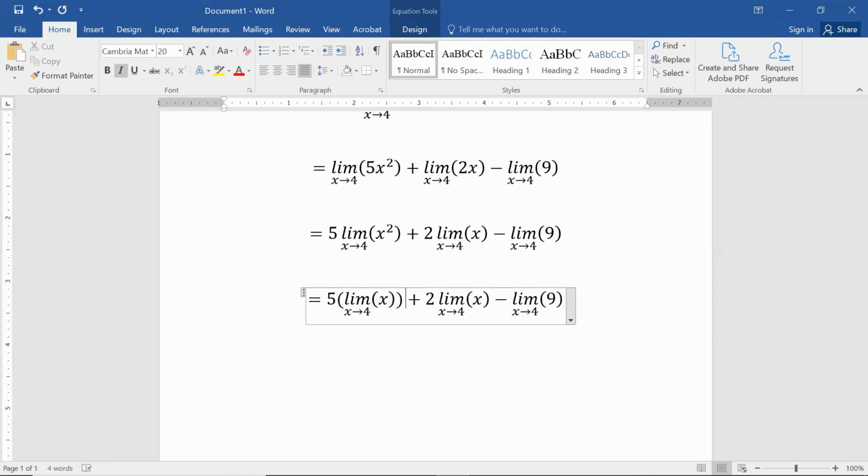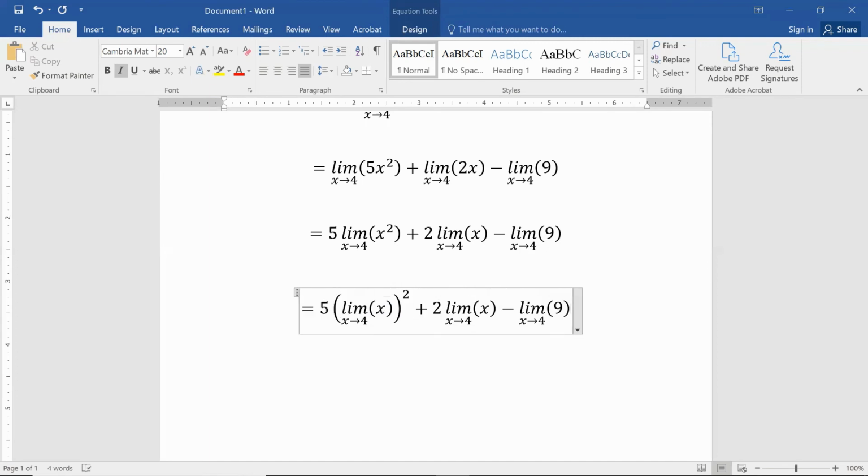Again, what I'm utilizing is my rule that says if you take an exponent of the function inside, I had a function inside which had an exponent of 2, then that's like taking the limit of the function all being squared.